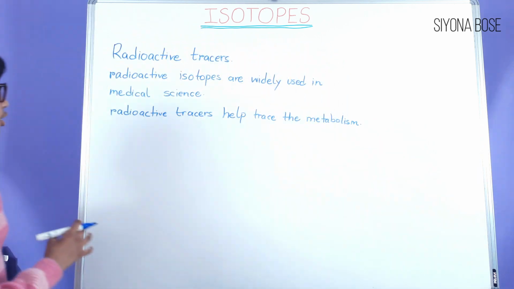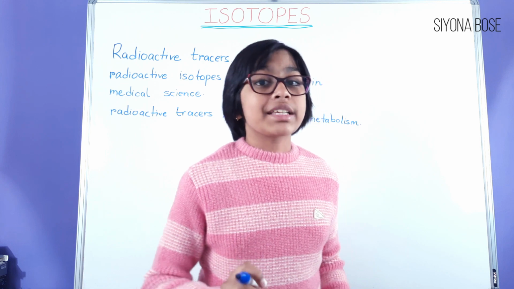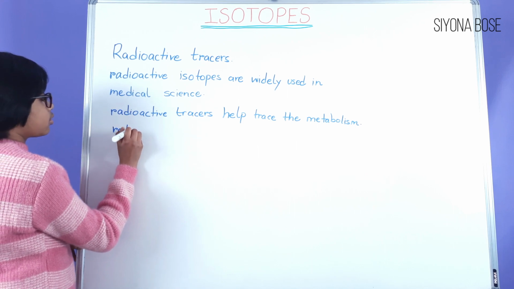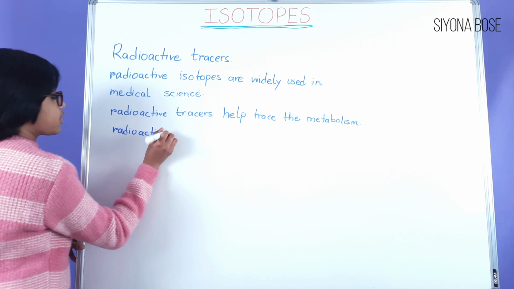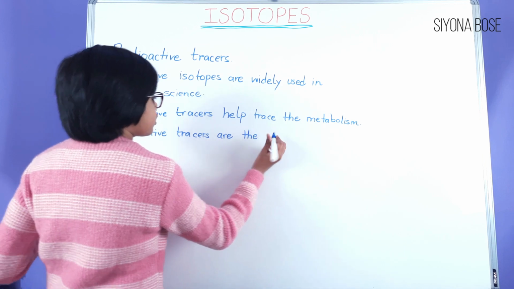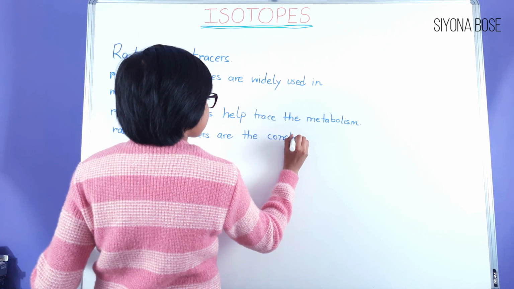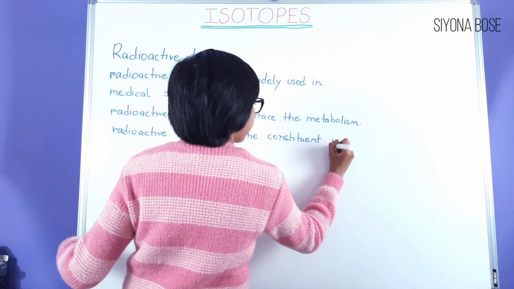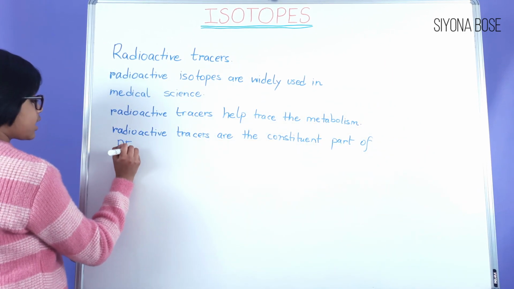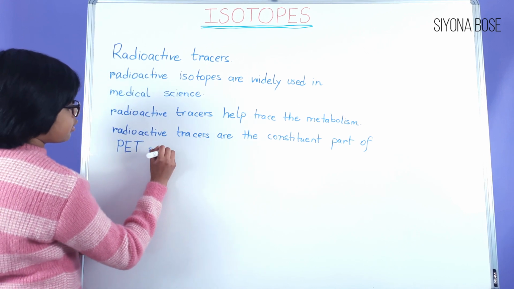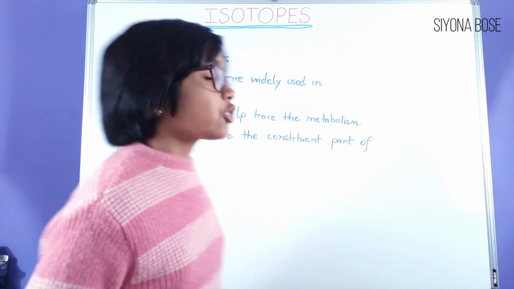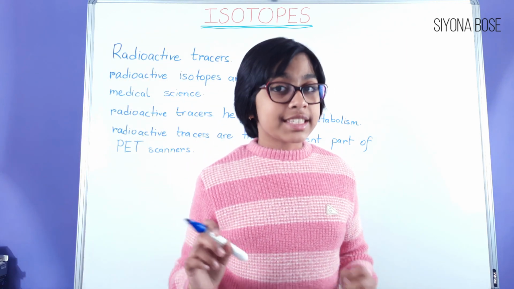As I said, it helps in tracing the metabolism in the body, and also radioactive tracers are the constituent part of PET scanners, because they help in tracking the growth and metabolism of cancerous cells.